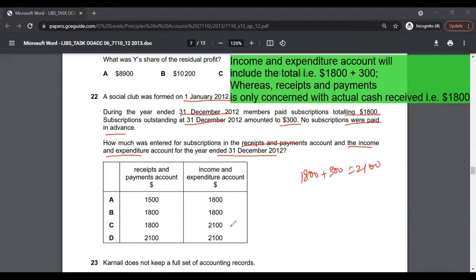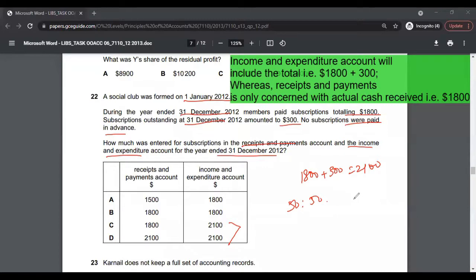So if you see for income and expenditure, it's only C or D, right? So we immediately come to 50-50 options here. Now we need to see whether it's C or D. For receipts and payments, it's like the cash flow statement where you only report the current year information.